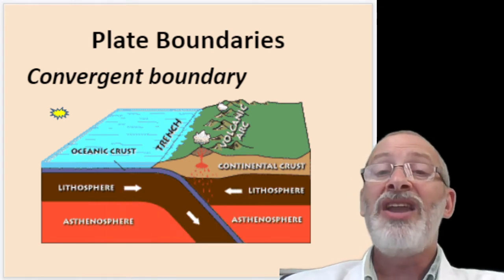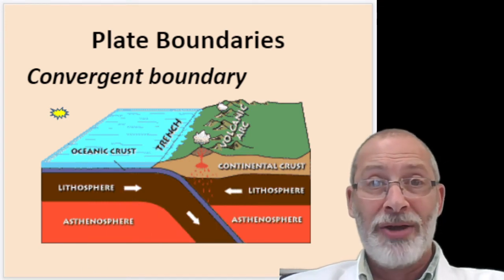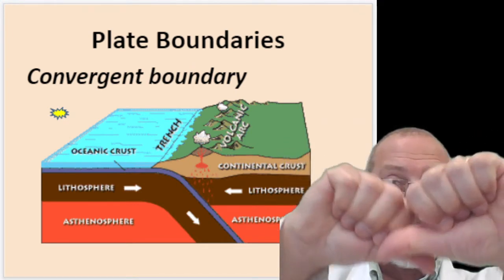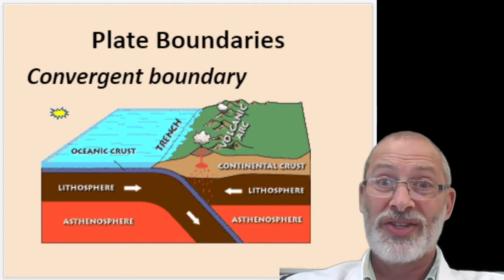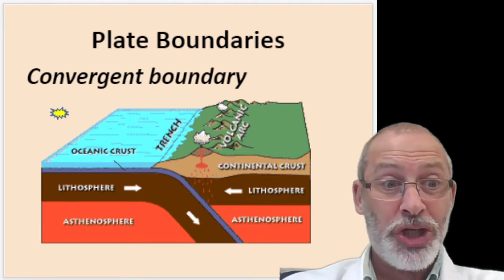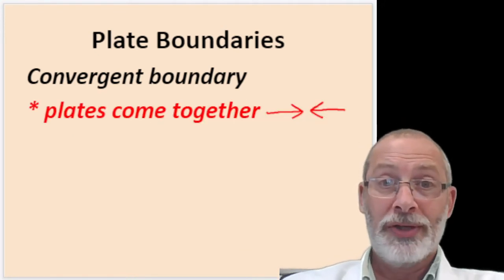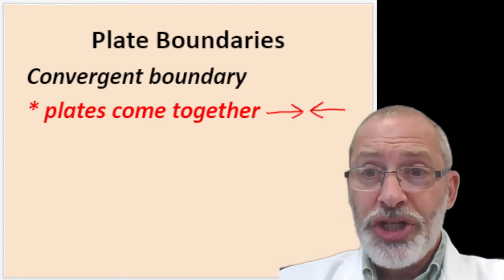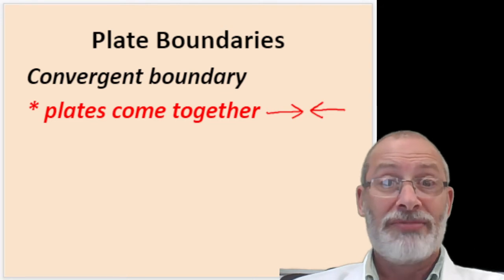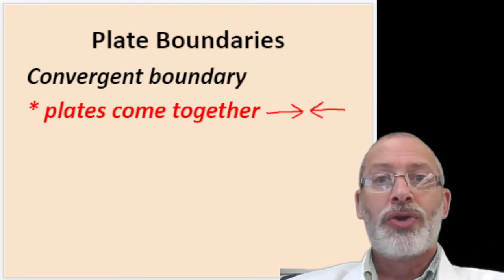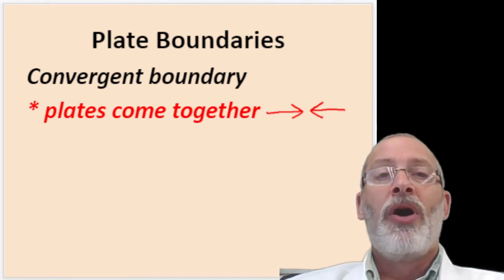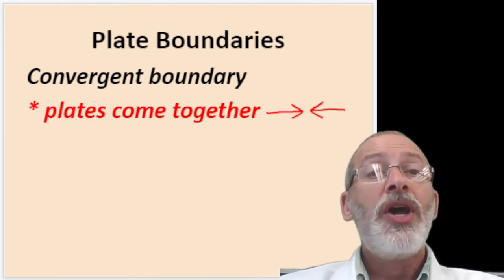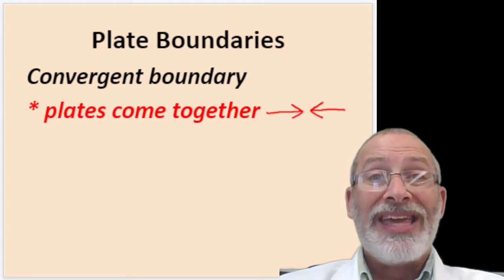With a convergent plate boundary, we've got plates moving together. And funky things can happen with convergent plate boundaries. But again, when things converge together, it means they're coming together. So convergent boundaries are those locations around the world where plates are coming together.